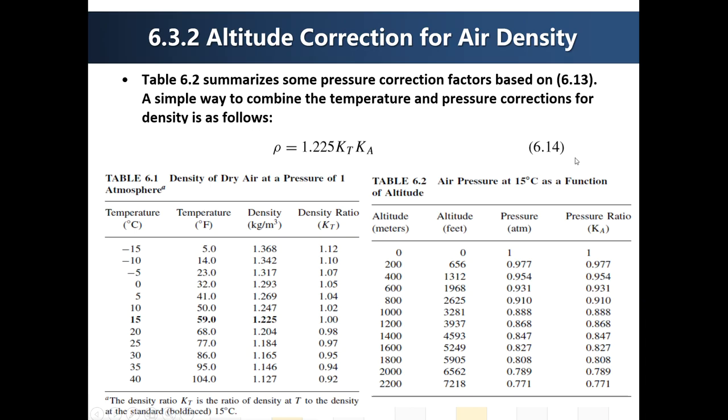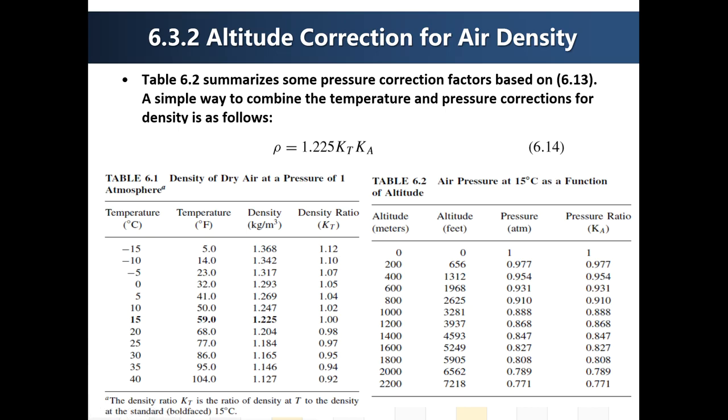Then we can combine the temperature and pressure corrections of density together. We can easily obtain that the air density rho is equal to 1.225 Kt multiplied by Ka, where Ka is the pressure ratio, indicating the pressure at 15 degrees as a function of altitude. So as the altitude increases, the pressure decreases. And Kt shows the density ratio.